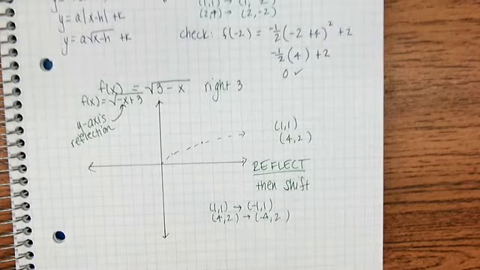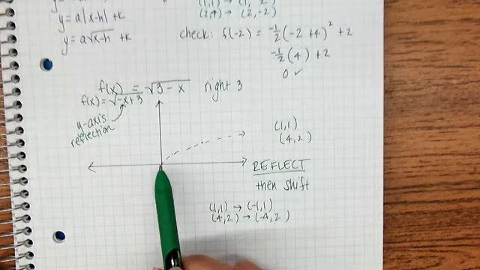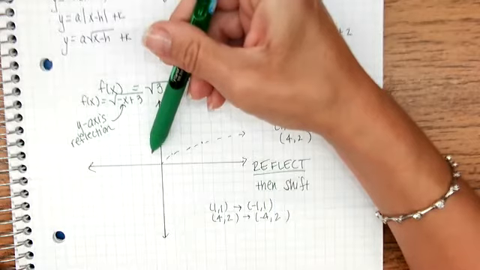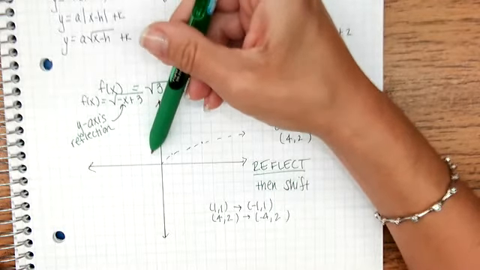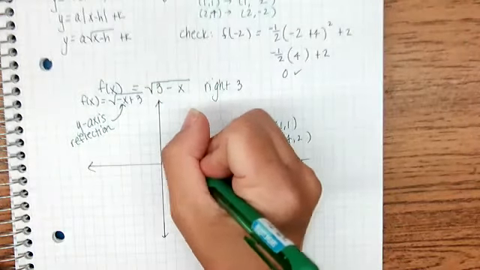Okay, so I'm going to take my negative 1, 1 and my negative 4, 2, and I'm going to move those right 3. So if I have negative 1, 1, that's right here, and I'm going to move that right 3.